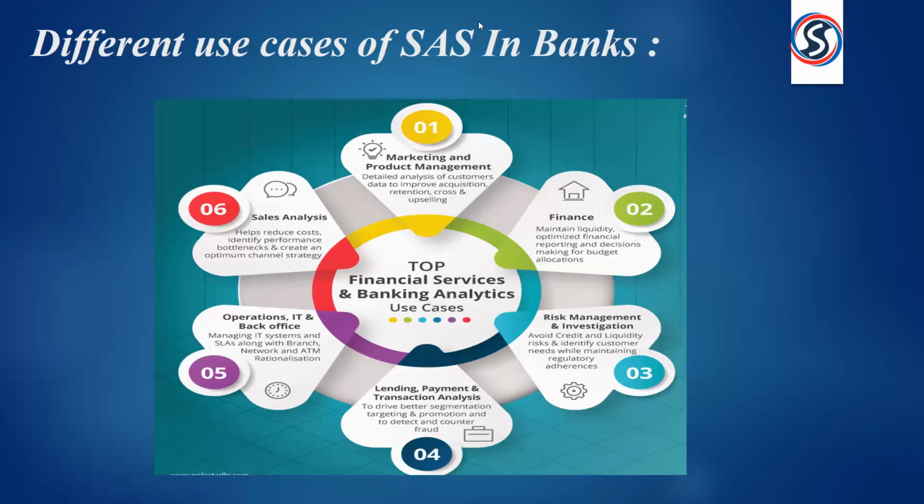Now, if we talk about the key features of the SAS bank analytical system, it has the banking data model, data management, reporting, and business intelligence. So what is the banking data model?